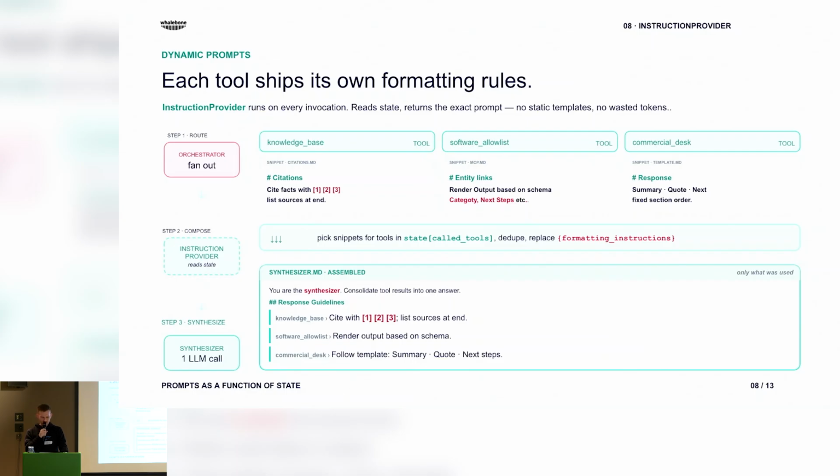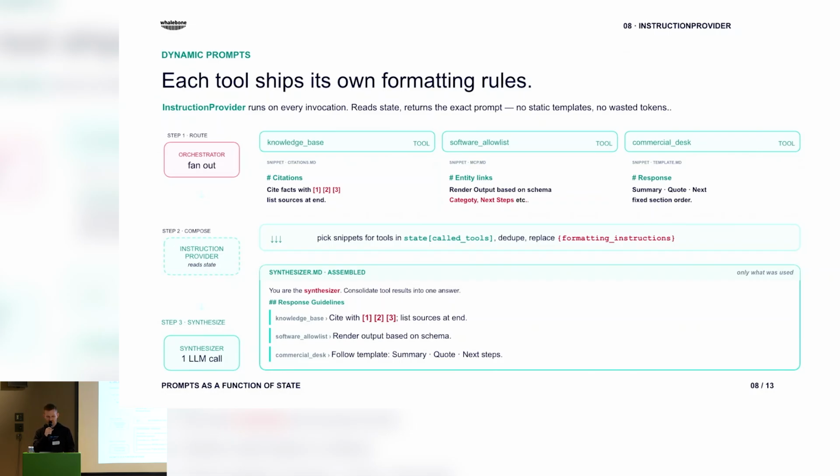Our synthesizer agent, which is writing the answer for the user, needs to format this answer differently depending on which tools were used. If the knowledge base, for example, was queried, we want some citations to it.